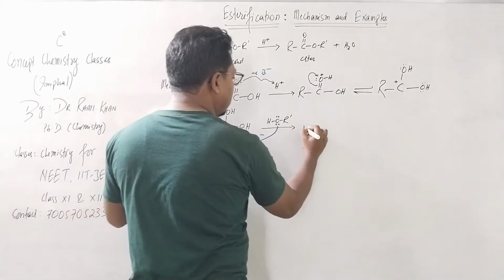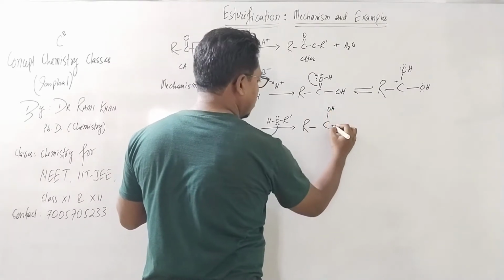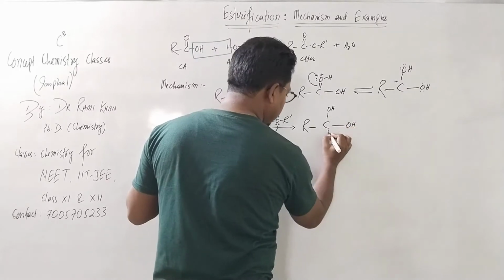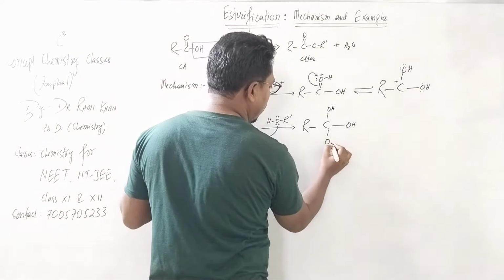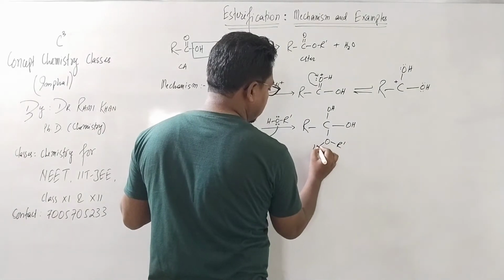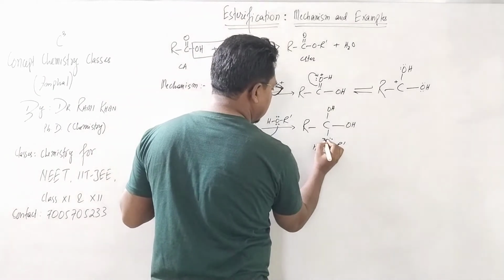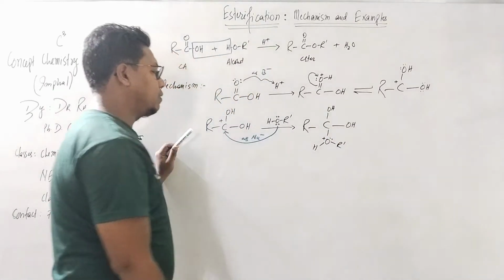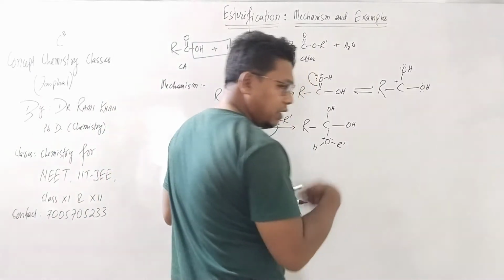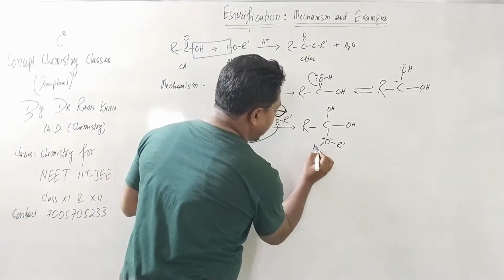So we will get R C, here it is OH, again OH, this is our O, and here it is R dash, this is H, only one lone pair of electrons is left, and this oxygen will carry a positive charge. So from this intermediate, this H plus ion will go out.